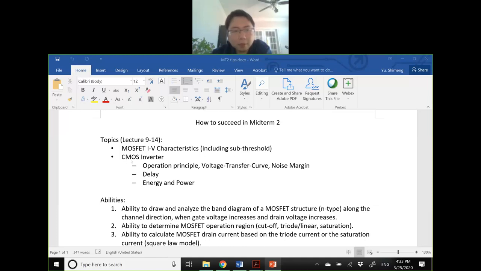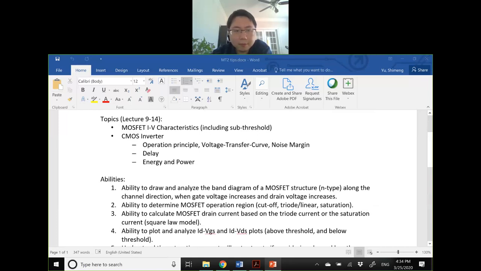And also we talk about the CMOS inverter, with its operation principle, the voltage transfer curve, noise margin, those concepts, and then the delay estimation, and also the energy and power estimation for the CMOS inverter. So these are the topics we have for the second midterm.